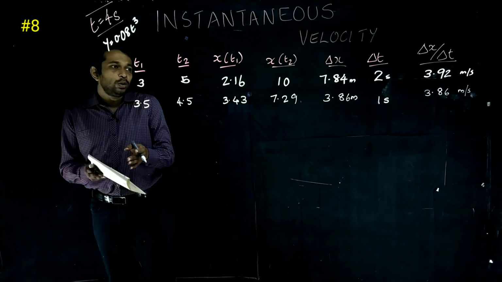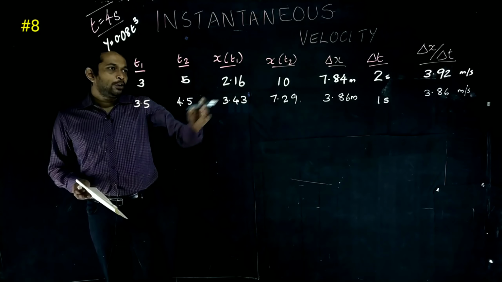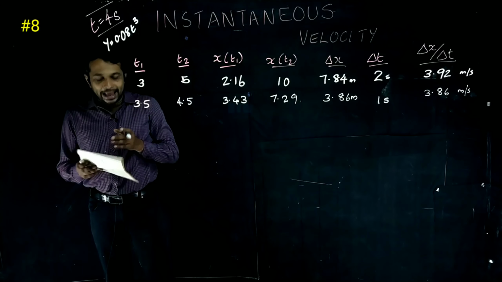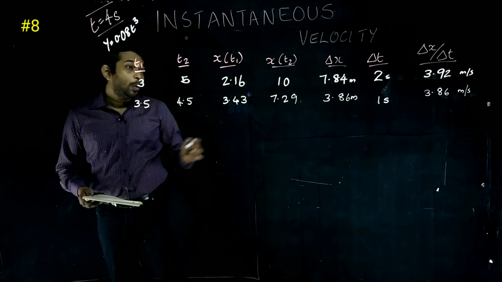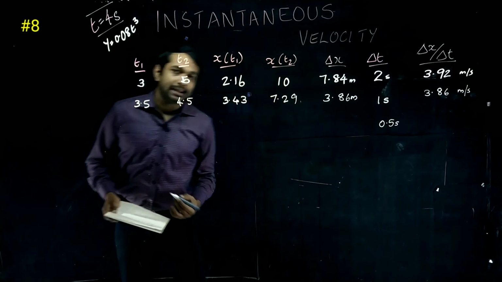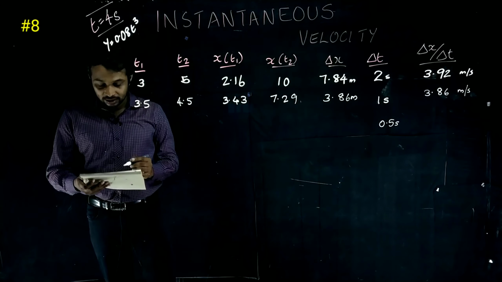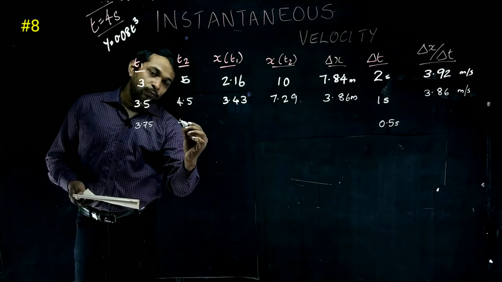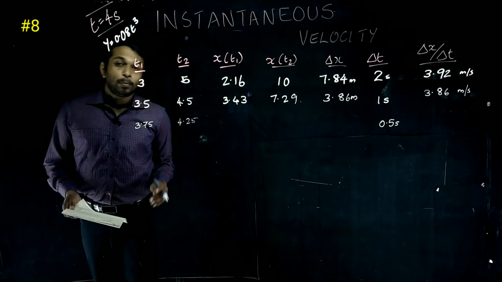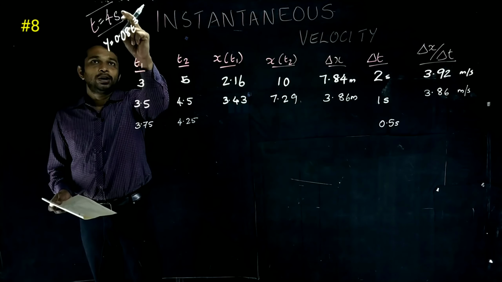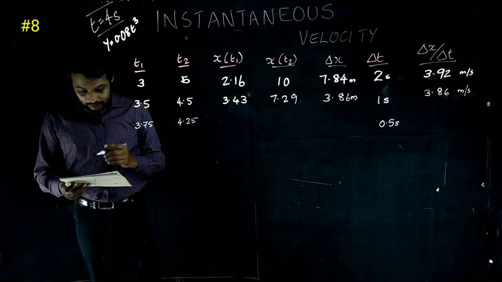So we have narrowed down the time and found all these values. Now we are again narrowing it down to 0.5 seconds. What does that mean? 3.75 here and 4.25 here, 0.25 second to the left and right of t equal to 4 seconds.